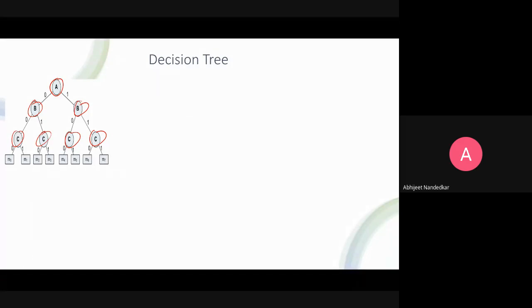Once you take that decision, then you move to the next node, then you take a decision, then you move to next node. Like that you will proceed, and then you finally land to this leaf node. Okay. So all these are branches, and this is a leaf node where final classification will be done. So these are class labels.